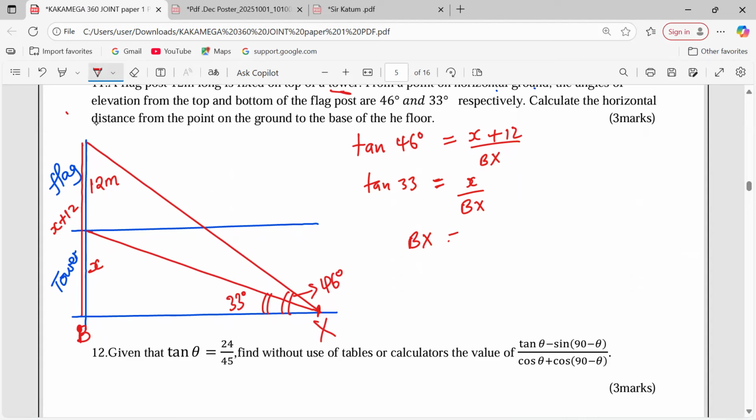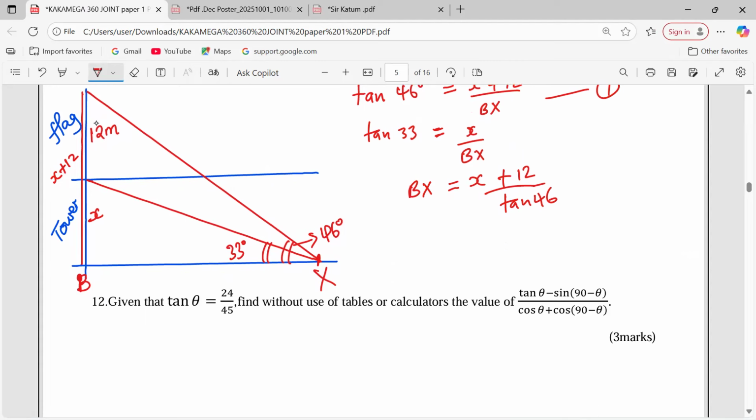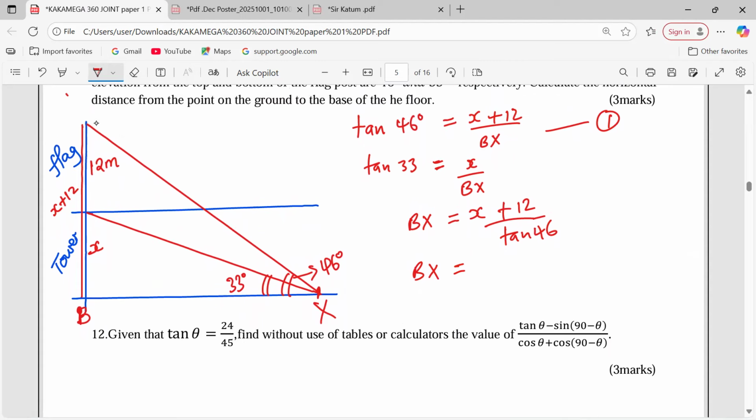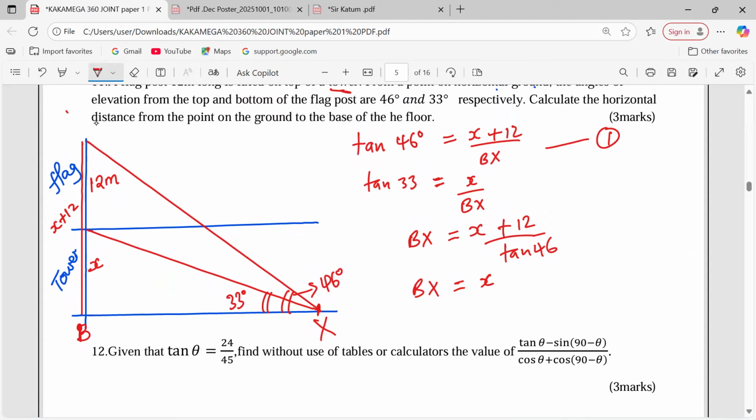BX from the first equation here equals X plus 12 out of tan 46. BX again equals X out of tan 33.